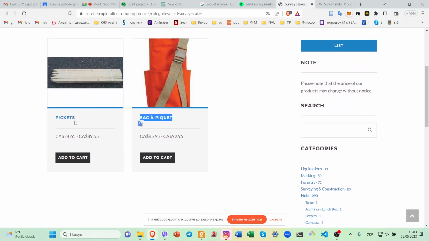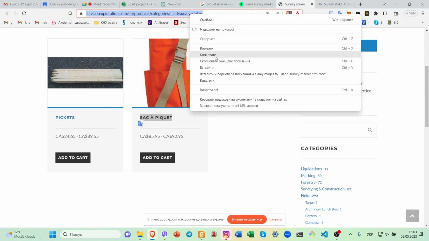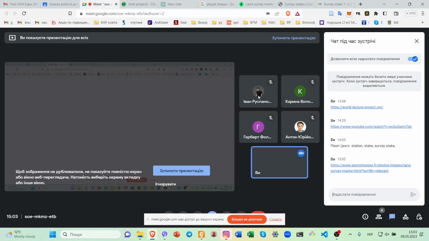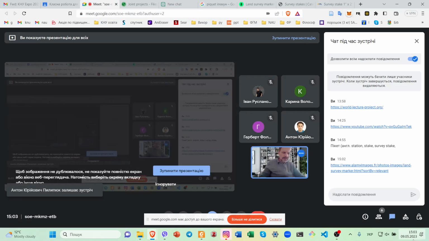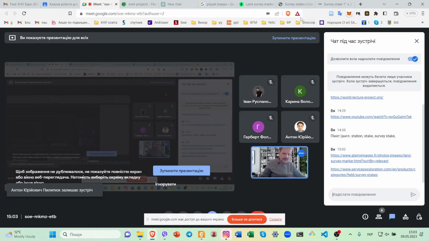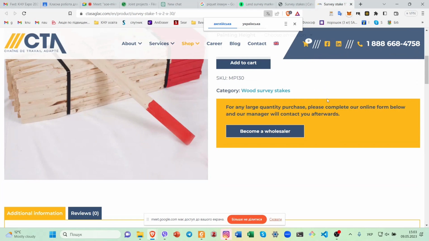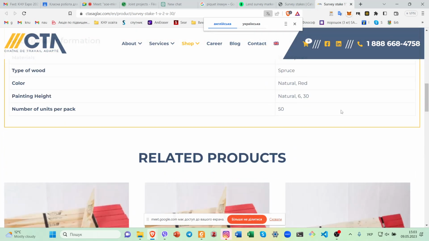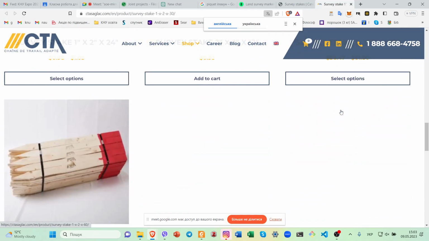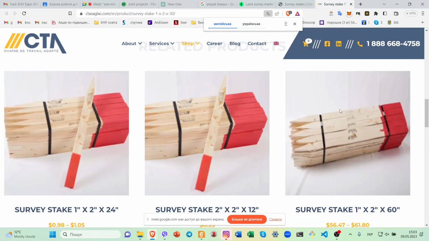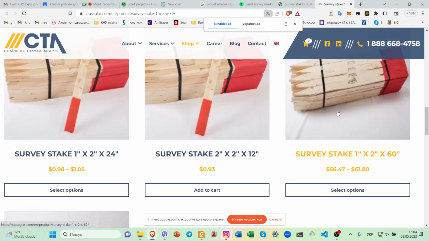Yes, they use the French word piquet. Here you can see beautiful pictures of these survey stakes.